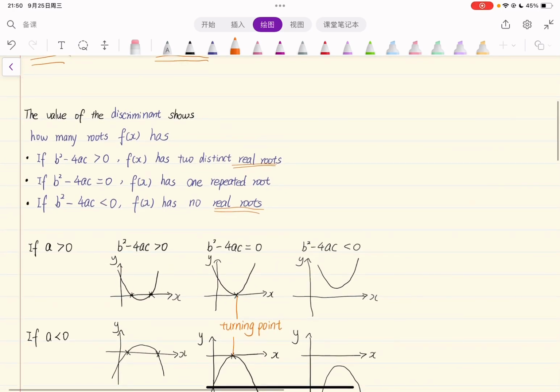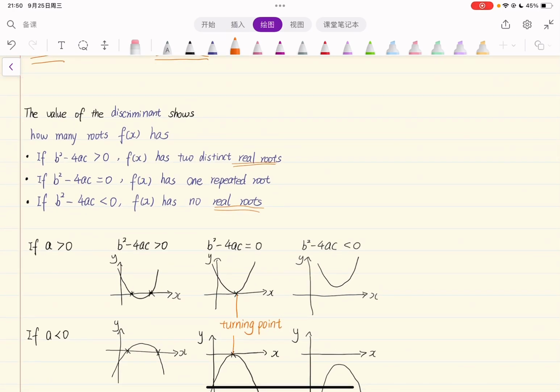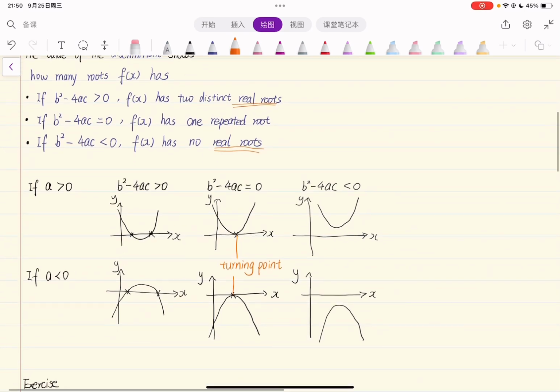If the discriminant is greater than 0, it has two distinct real roots. When it equals 0, one repeated root, and less than 0, no real roots. And the graphs are shown here to identify whether the curve or the function has two distinct real roots, one repeated root, or no real roots.